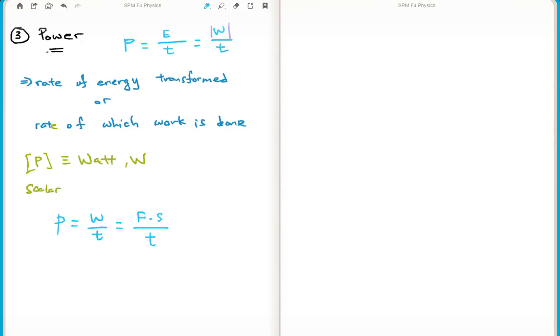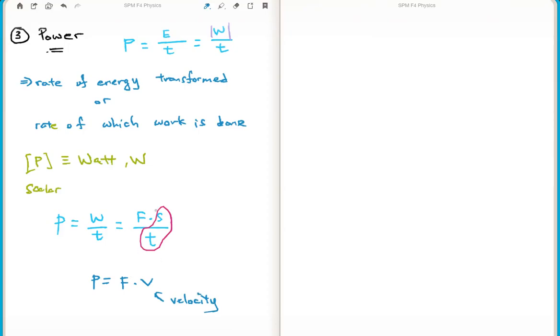How do you get work? Force dot displacement. What happens when you have the rate of change of displacement? Your equation will turn out to be P equals F times V. This is velocity, the rate of change of displacement.